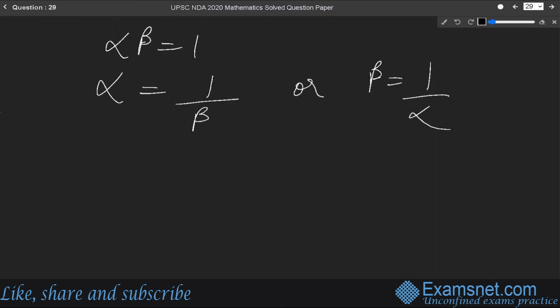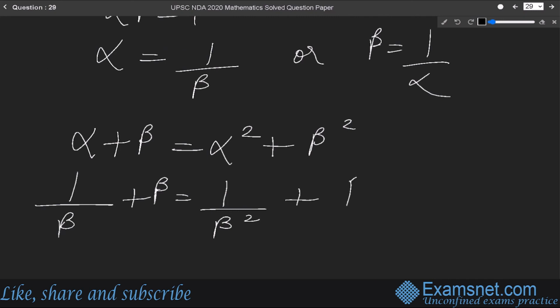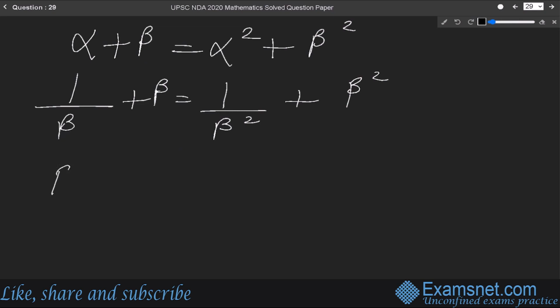Now again from the relation which is given in the question, alpha plus beta is equal to alpha square plus beta square. Now putting the value of alpha here, which is 1 by beta, 1 by beta plus beta is equal to 1 by beta square plus beta square. Again simplifying it, it will be beta square minus beta is equal to 1 by beta minus 1 by beta square.